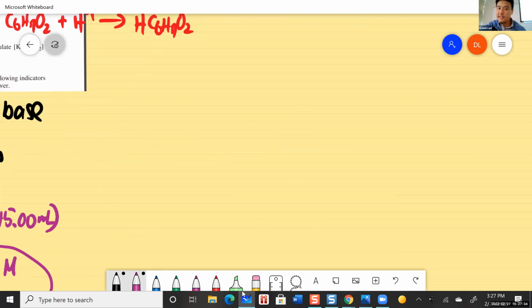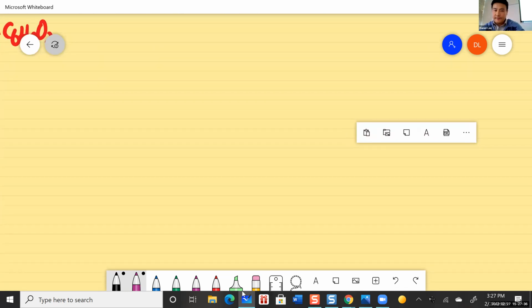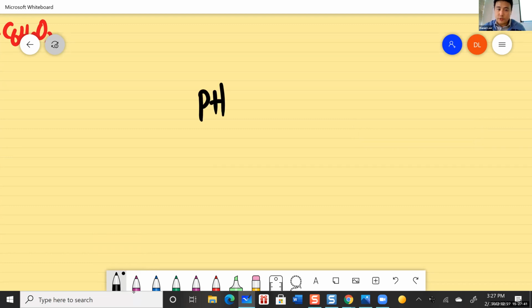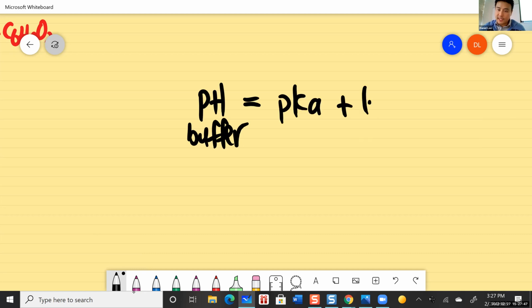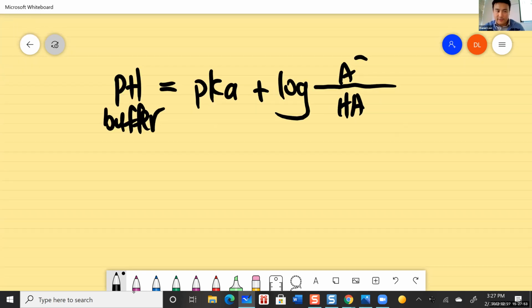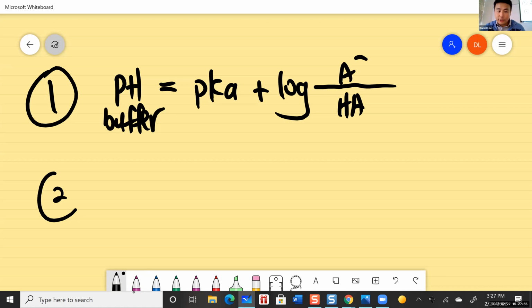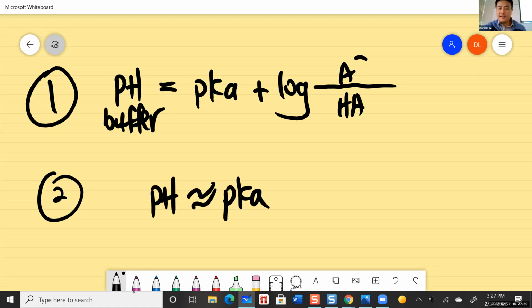So this is the concept of indicator. Do you remember the buffer equation that we wrote? The pH of a buffer. A buffer is a solution that has both an acid and its conjugate base. The conjugate pair must both be present. There are a lot of ways to use this equation. First is for buffer. Second, you can use this one: pH approximately equals pKa.